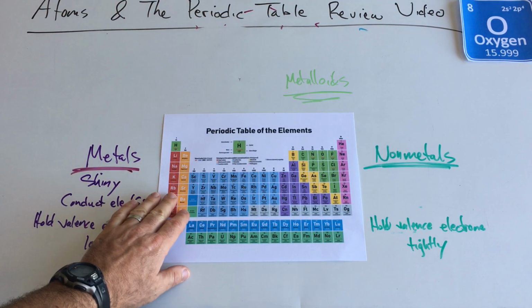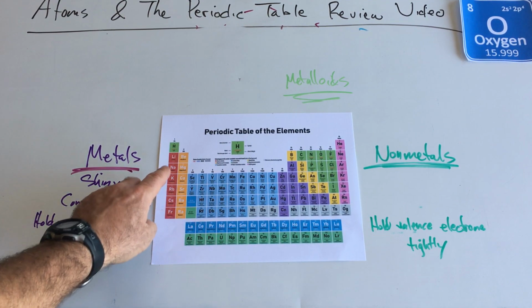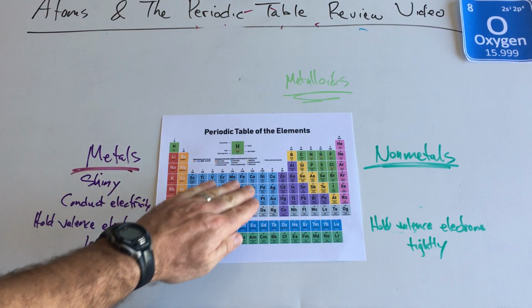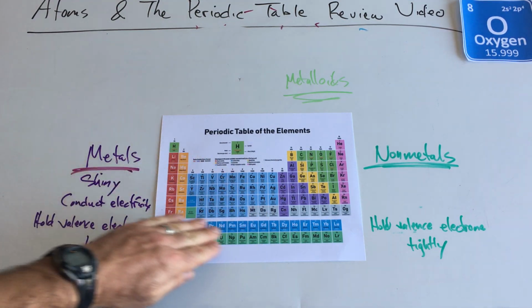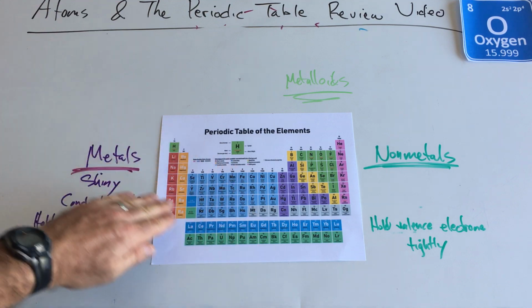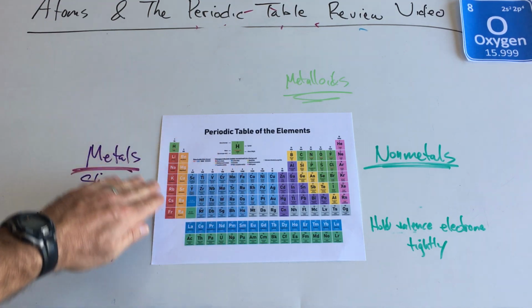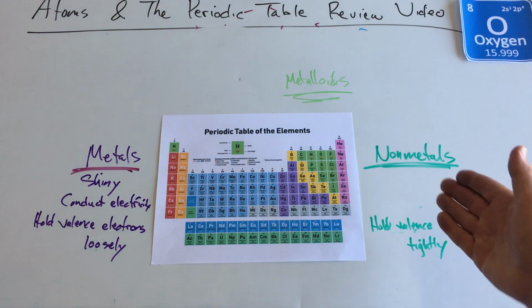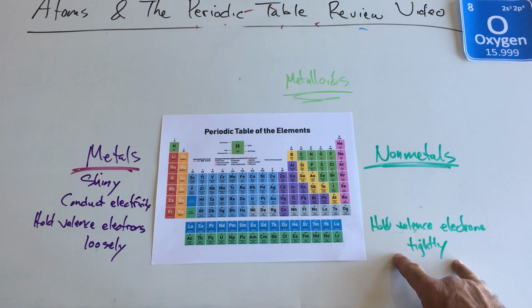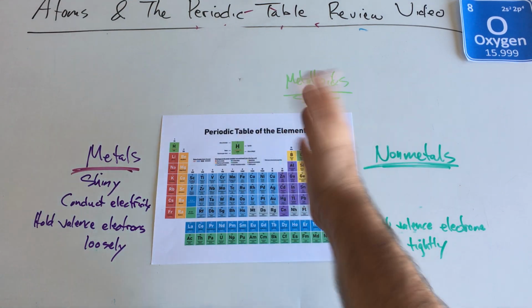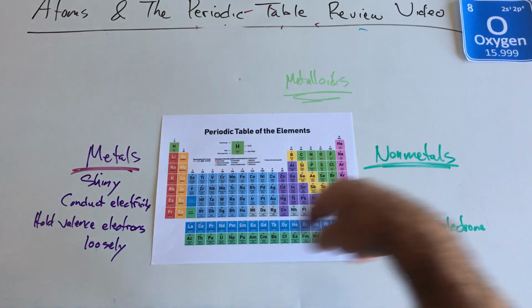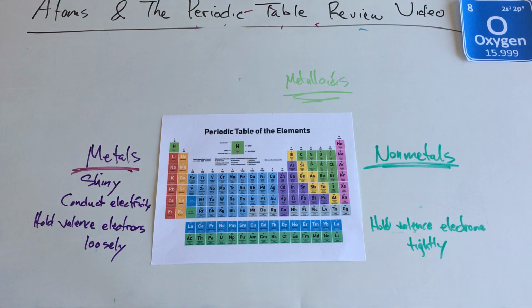And that's going to come into play a lot in tomorrow's video. So these guys, all of these, their electrons on their outermost energy level, the electrons furthest from the nucleus, they're going to be really loose with. Non-metals are going to hold on to them tightly. Metalloids could be either, because it shares some metal characteristics and some non-metal characteristics.